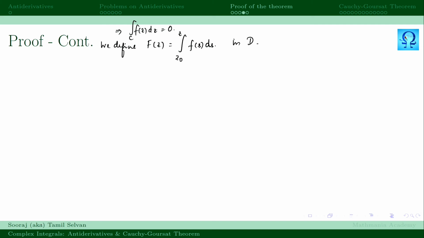Okay, so now the proof of the theorem is complete when we claim this big F prime of z is small f of z. So for which what are we going to do? Let us see.